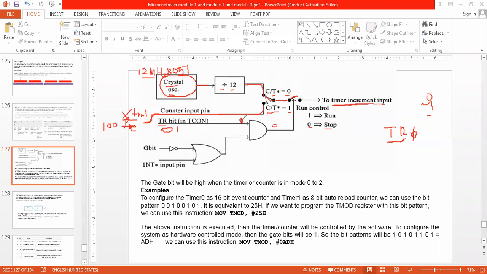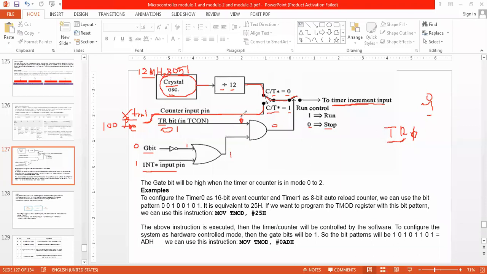Okay. Now this is 1. If this is 1, the output of this AND gate depends upon this other bit. What is this bit? This bit is the G bit, or the INT input. So suppose the INT bit is high and the G bit is 0, right? Then this will be 1, correct? Then the output will be 1.